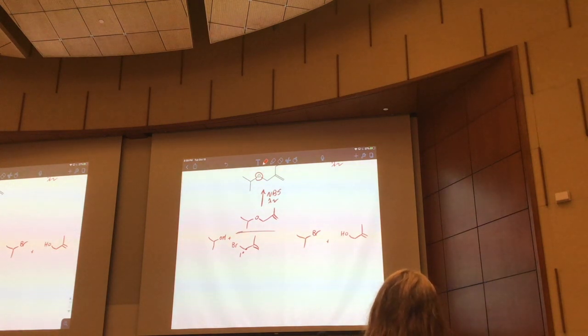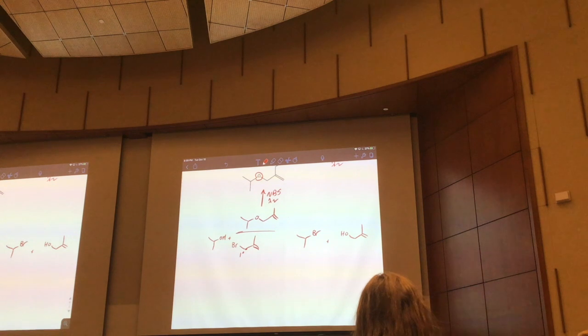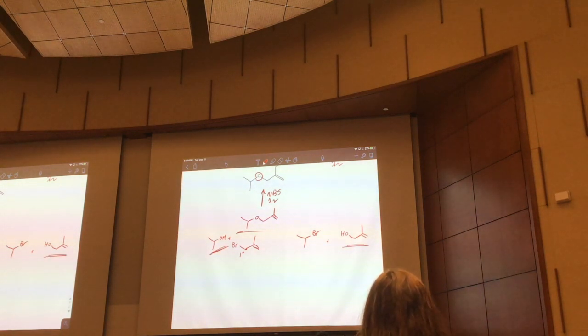Which one's better? What kind of reaction are we using? We have a weak base, weak nucleophile, and it's a substitution. So we have SN1. Yeah, this is going to be an SN1 reaction.